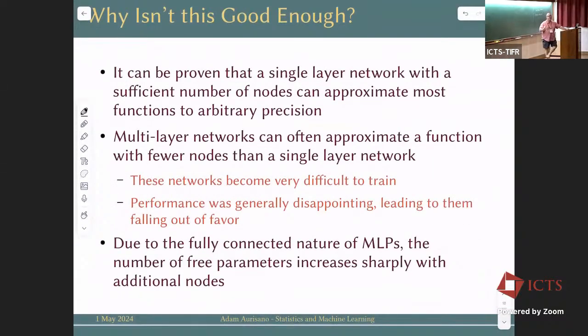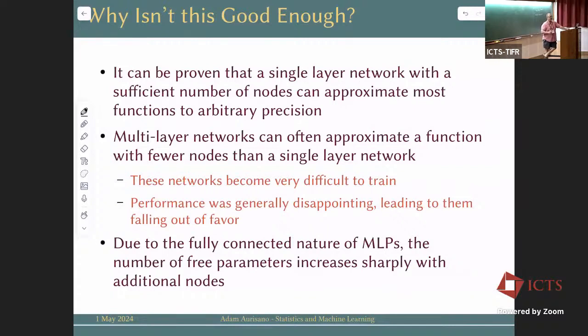Now, all this being said, the question is, why is this not good enough? Because these came up in the 50s, they were very briefly popular in the 80s, and then neural networks died as a field until 2012, right? The reason why is that even though you can theoretically prove that a neural network, even a single layer neural network, is arbitrarily good at approximating any well-behaved function, actually making a real instantiation of a network that can do that is very hard, right?